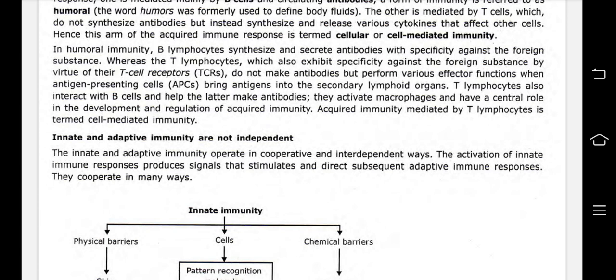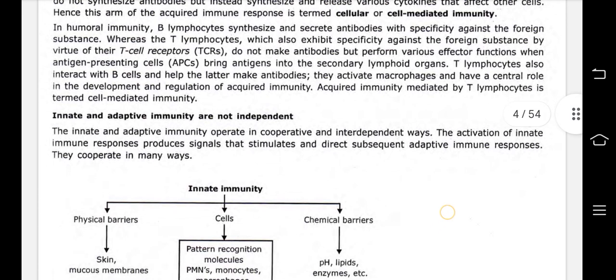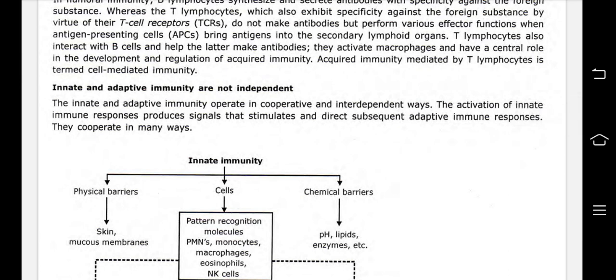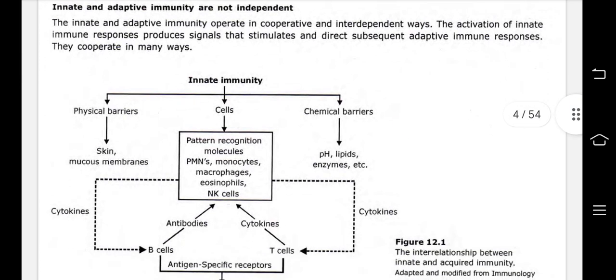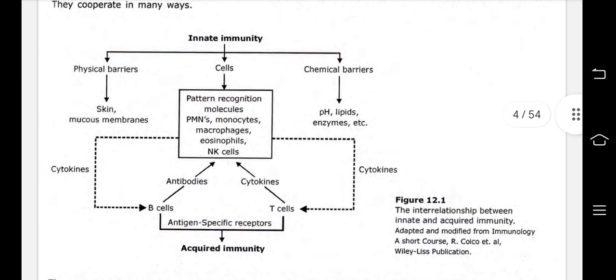Then, innate and adaptive immunity are not independent. They operate in cooperative and interdependent ways. The activation of the innate immune response produces signals that stimulate and direct subsequent adaptive immune responses. They cooperate in many ways. Here I could see a flow chart which represents the relationship between innate and acquired immunity, adapted and modified from a short representation.